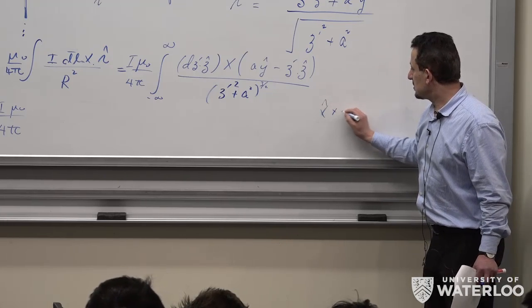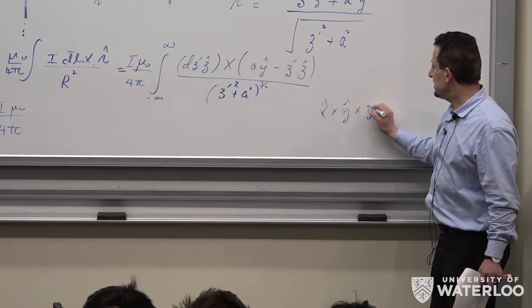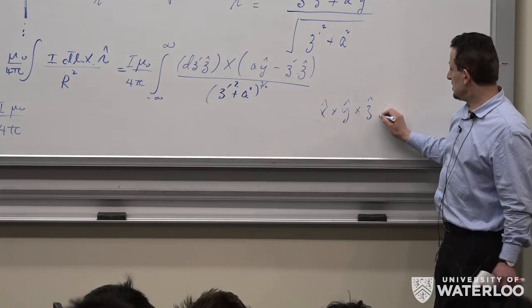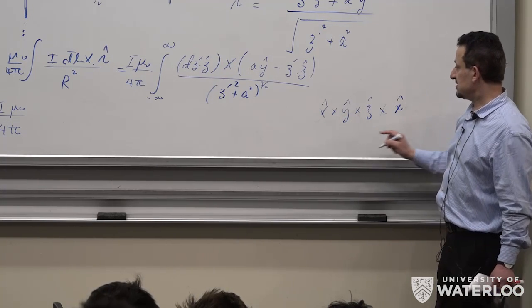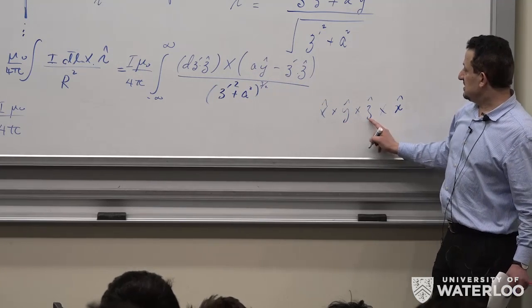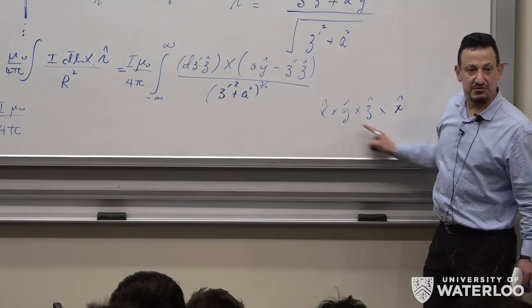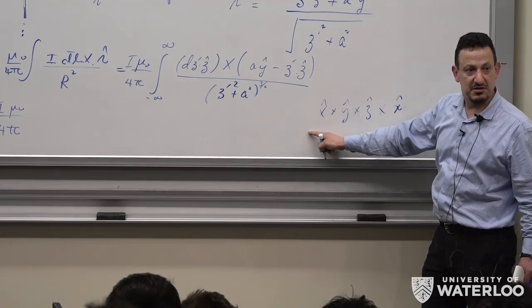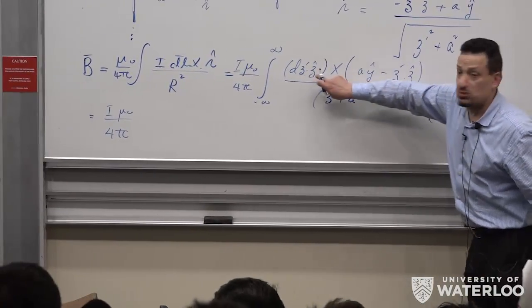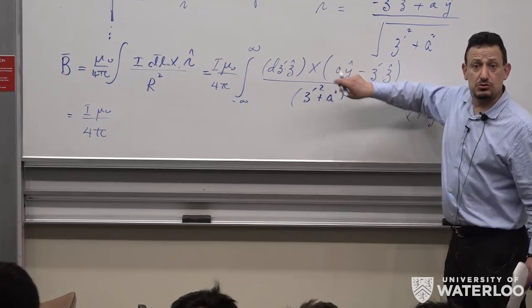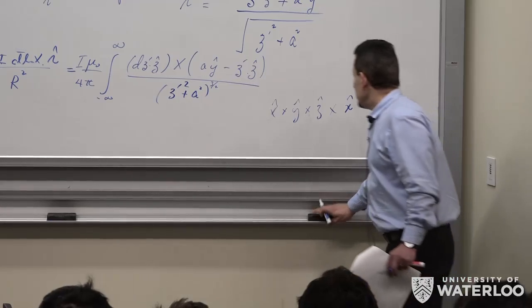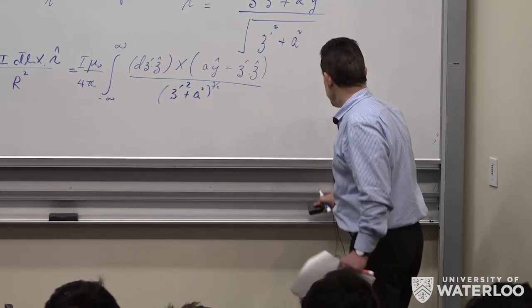X crossed with y gives you z. Keep going. There's x here. So z crossed with y will give you minus x. If you go backward, you have a minus sign. Okay? So I just need to worry about this. So what happened? I don't need to worry about the angle. Okay? So let's continue here.